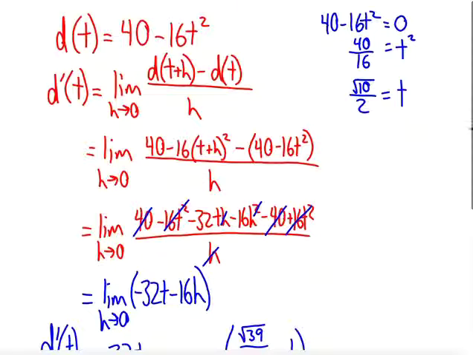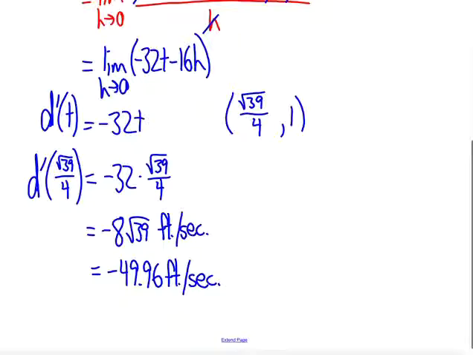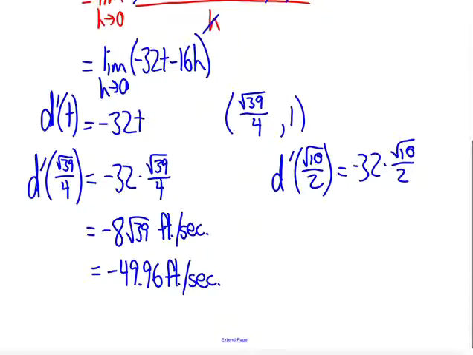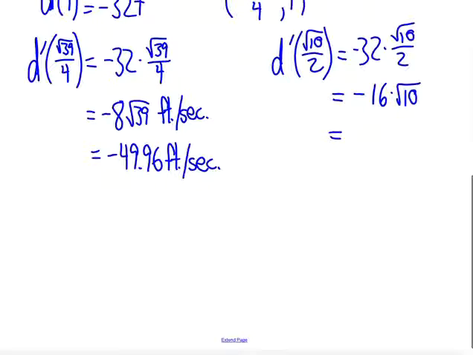Then we could see what speed it's going when it's actually hitting the ground by doing d prime of root 10 over 2. That's going to be negative 32 times root 10 over 2, which is negative 16 times root 10. And what do we get for that? Negative 50.60. Okay, great.